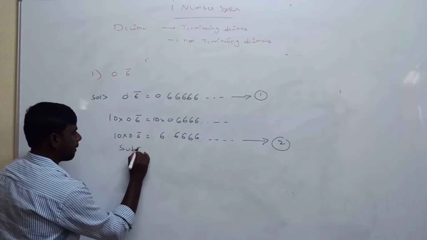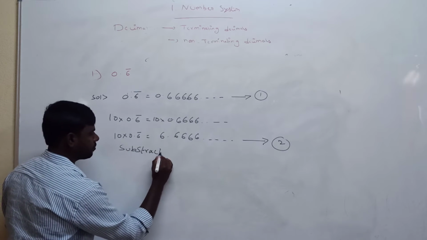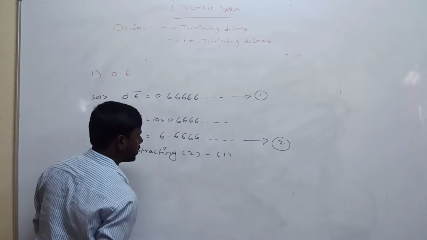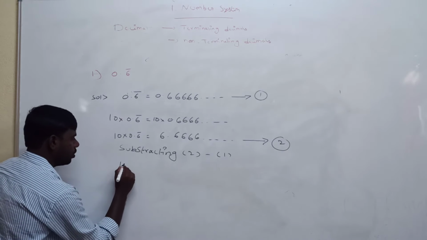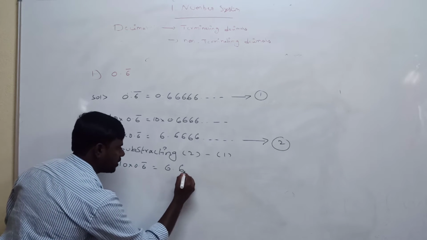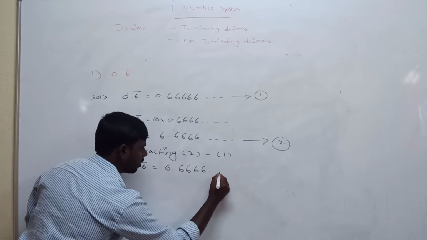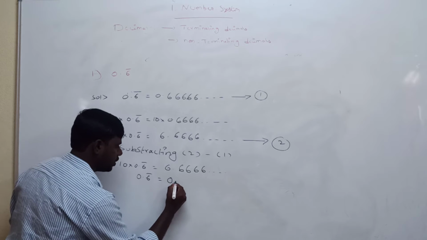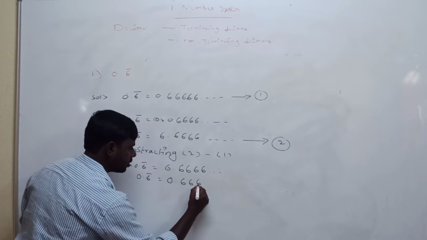Subtracting equation 2 minus equation 1. What is equation 2? 10 into 0.6 bar is equal to 6.666. The first equation is 0.6 bar is equal to 0.666.